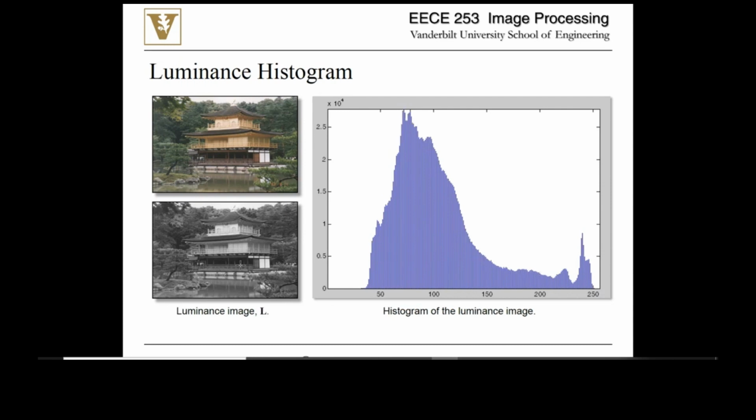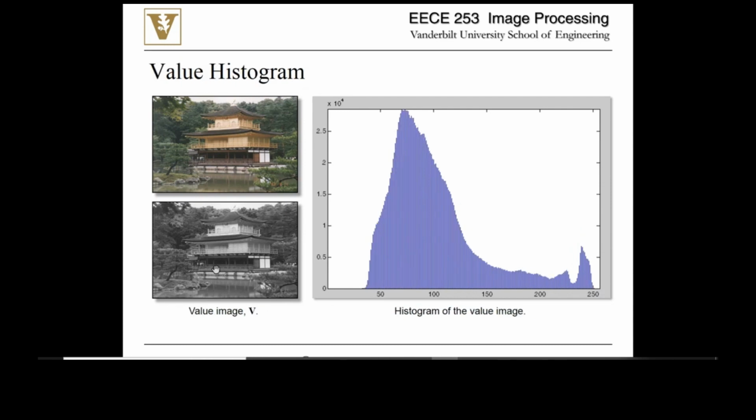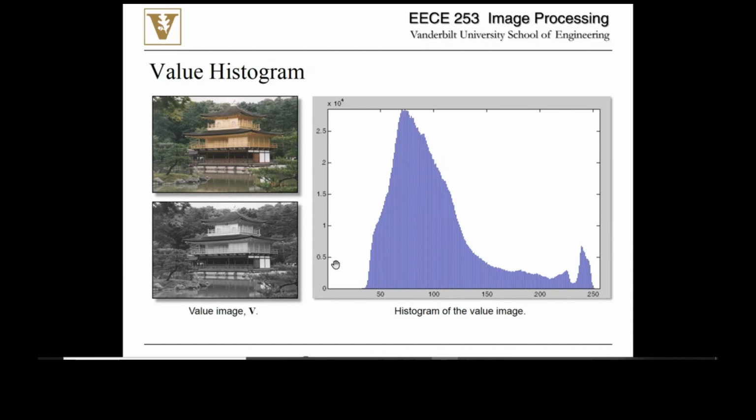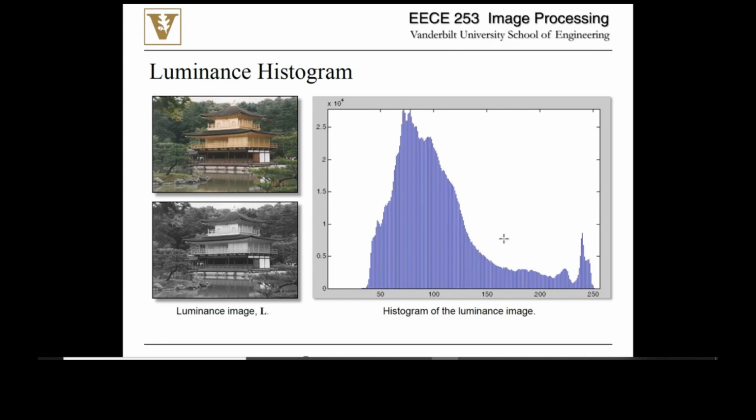There are small differences, especially here. Look at the image, not at the histogram. It seems that the luminance is a bit better than the value, at least from some evaluation of the spectators.